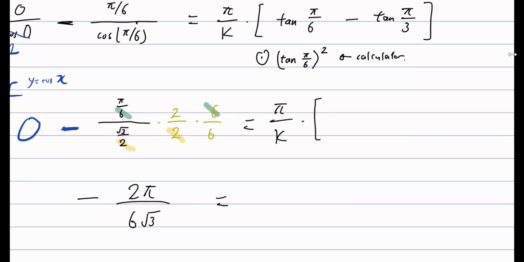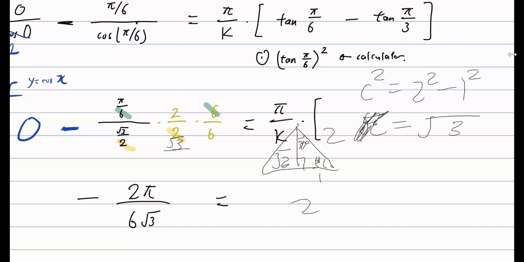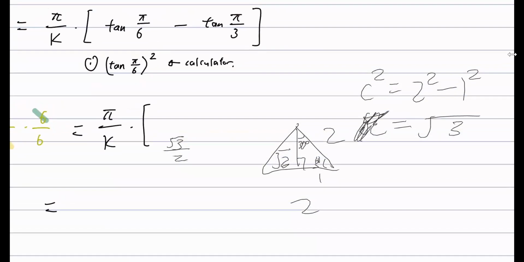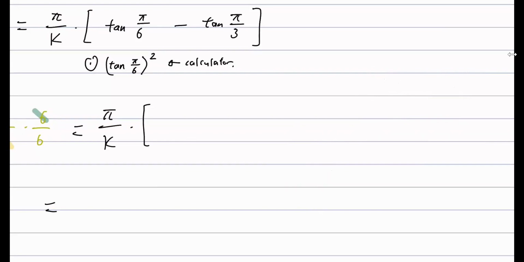What do you get? Well, I can just get the triangle. Okay. It's just tangent, opposite over adjacent, 1 over square root 3. Okay.